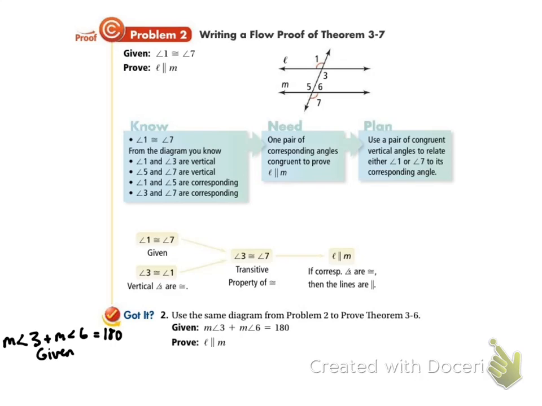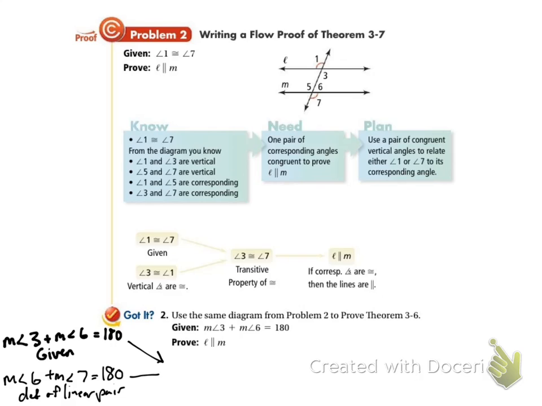What else do I know? If you don't know what to do with a proof, you can just start writing stuff down until you see how it combines, but I happen to know which one we want to do. The measure of angle 6 plus the measure of angle 7 is equal to 180, because that's the definition of a linear pair. Remember, a linear pair is two angles that combine to make a straight line.